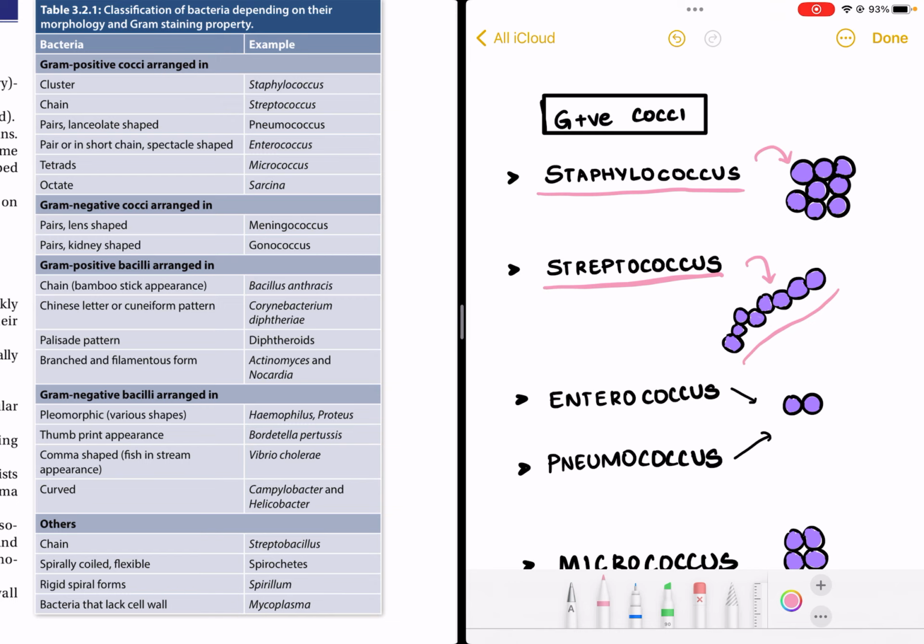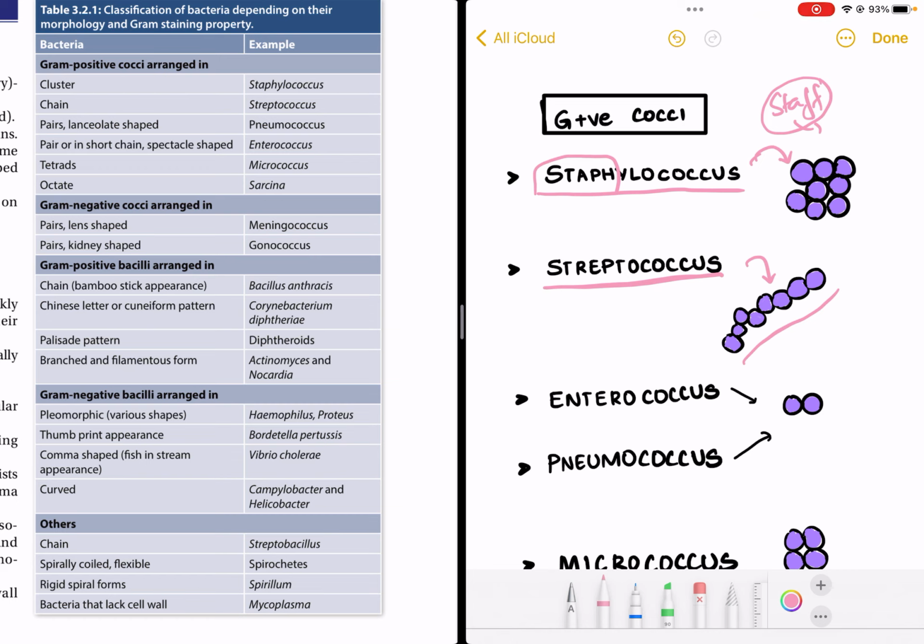So how do you remember that Staphylococcus is arranged in a grape-like cluster form? Always remember that staff always come in clusters. Staff of something, we say. Just like we say a bunch of grapes, we say staff of something, a herd of cows or something like that.